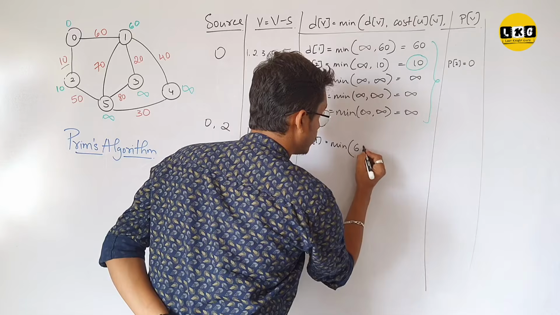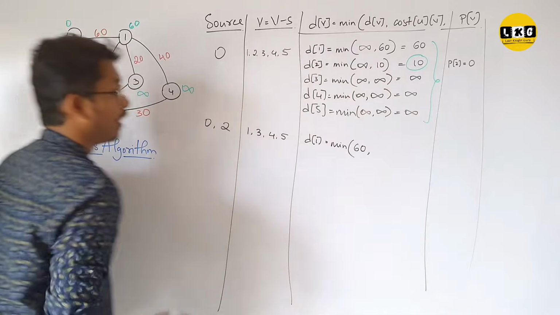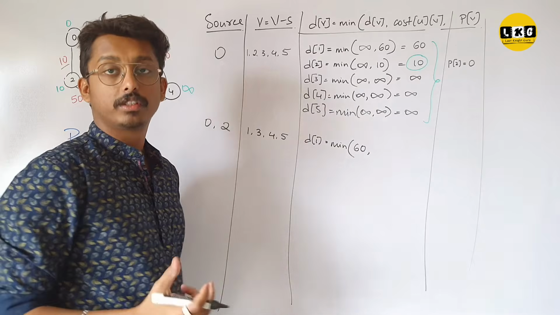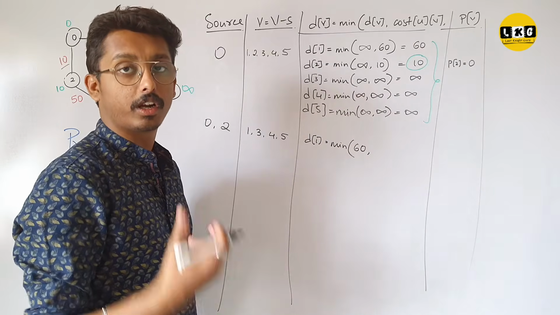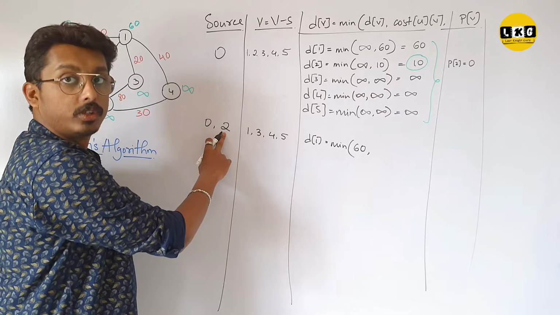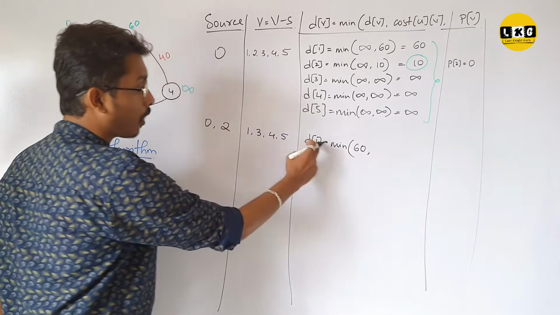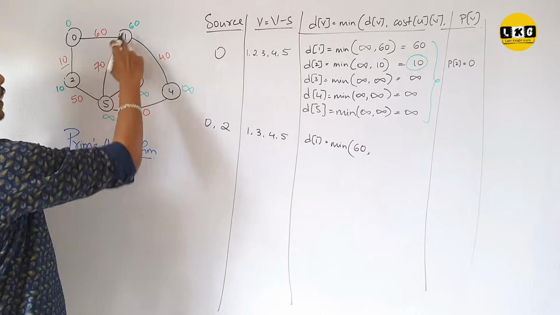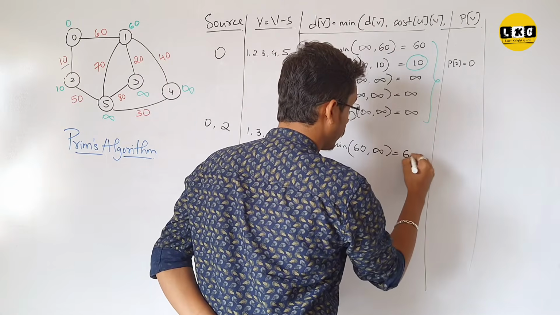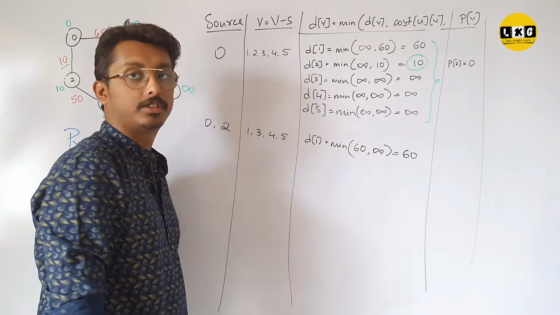Minimum of 60, comma, from where we are finding cost of u to v. Which is our u and which is our v? U is nothing but your temporary source. Which is your temporary source now? 2. You need to find route from 2 to 1. 2 to 1. Is the direct route? No, there is no direct route. So this will be infinity, but the minimum will remain as it is, that is 60.